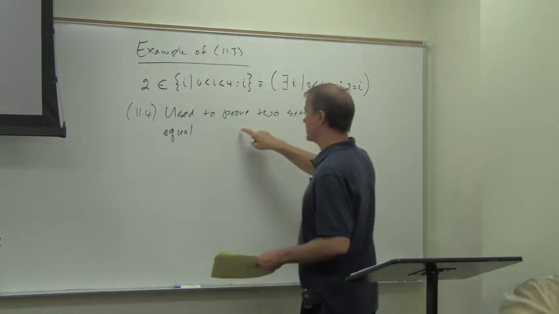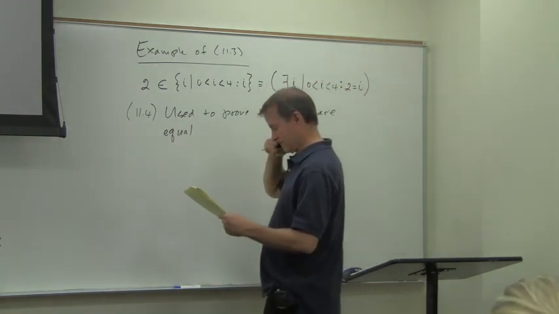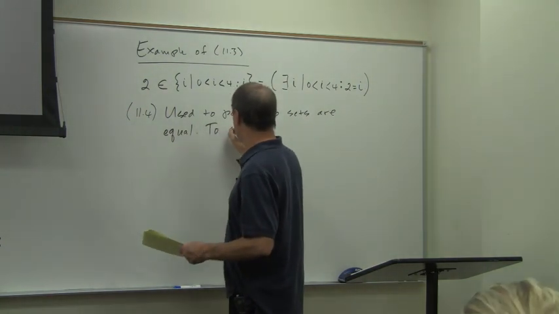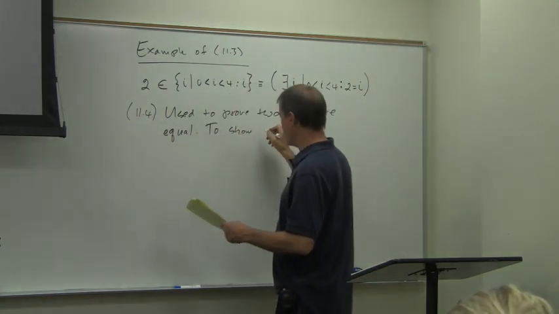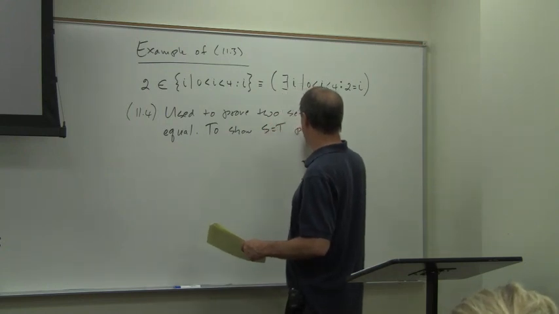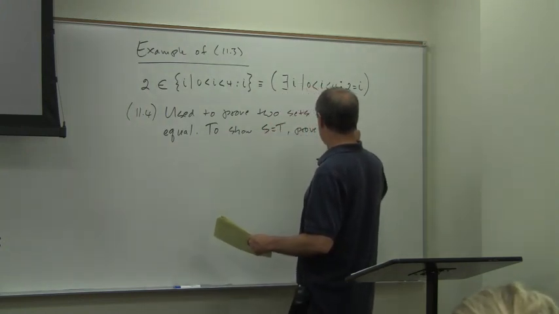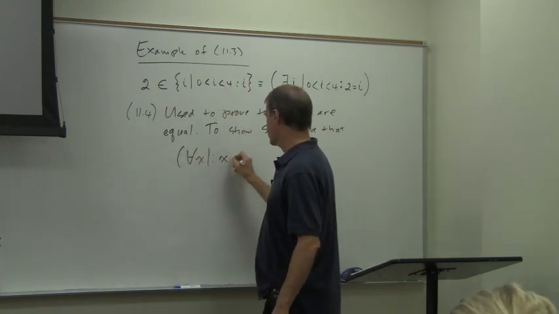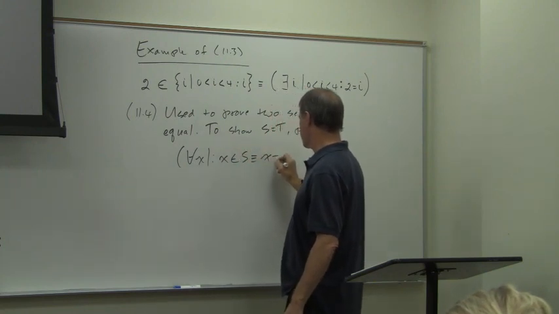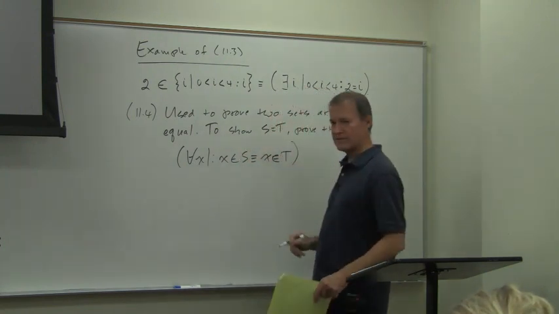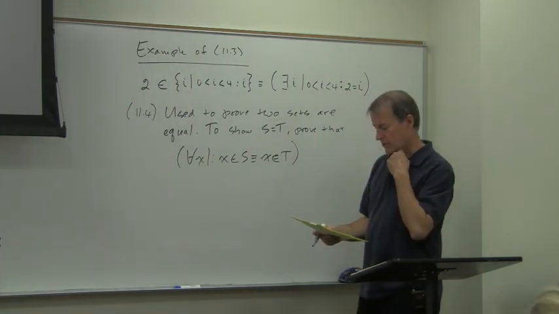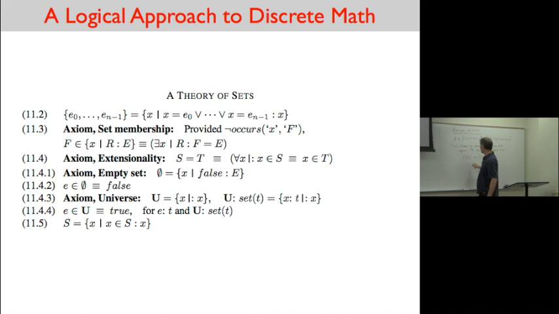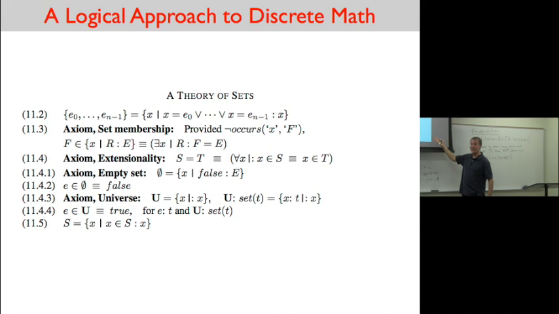So 11.4 is used to prove two sets are equal. To show that S equals T, what you do is you prove that for all x, range true, x is an element of S equivales x is an element of T. That's the recipe for proving. So the main thing is that 11.3 is an existential quantification, and 11.4 is a universal quantification.